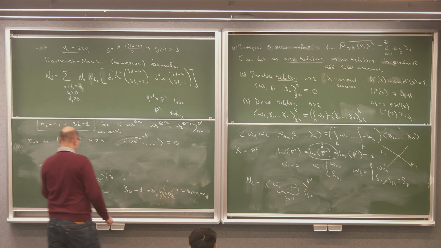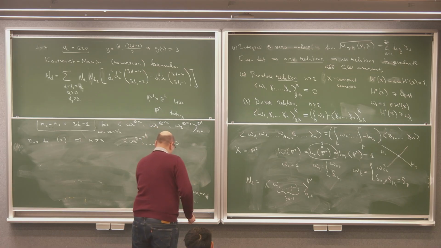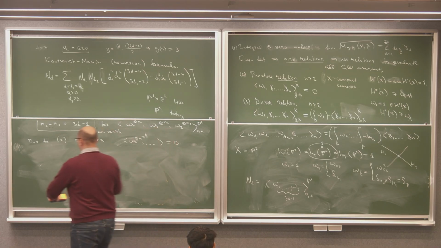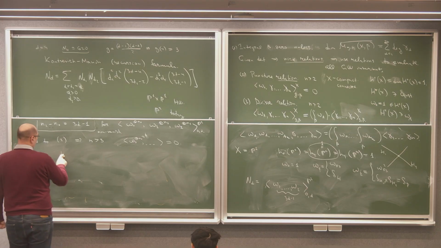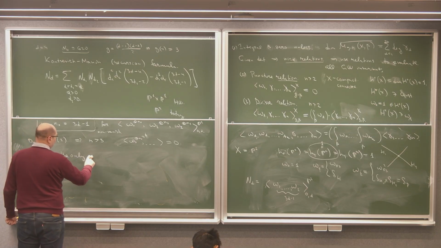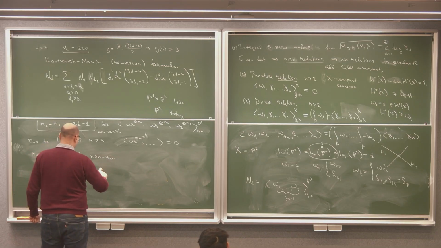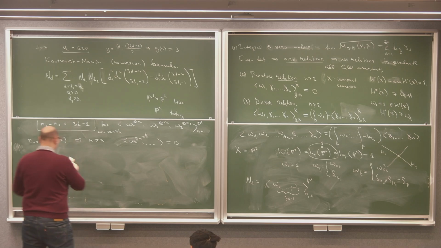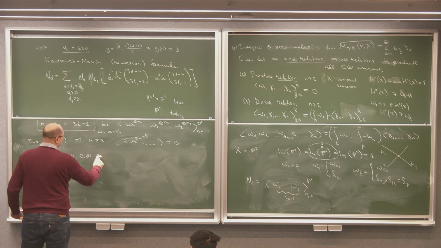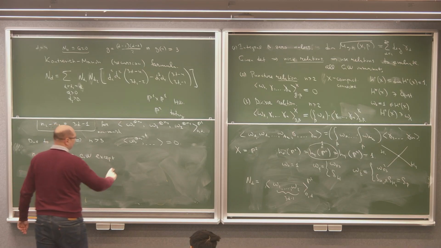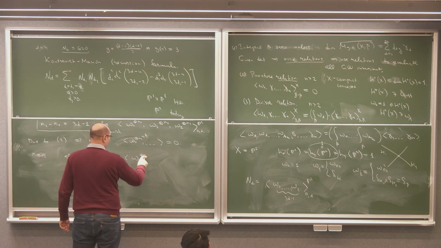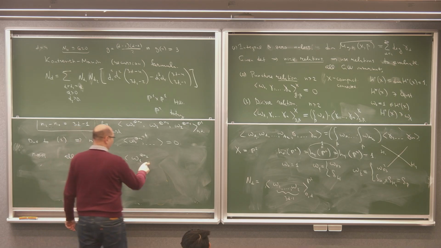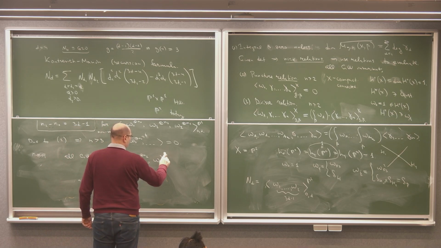Therefore, for n bigger or equal to 4, all Gromov-Witten invariants vanish except ones of the following type: omega 1 with an arbitrary number of insertions, and omega 2 with exactly 3d minus 1 insertions.